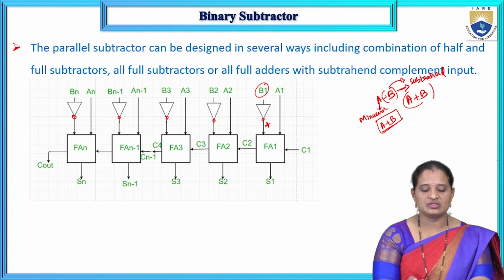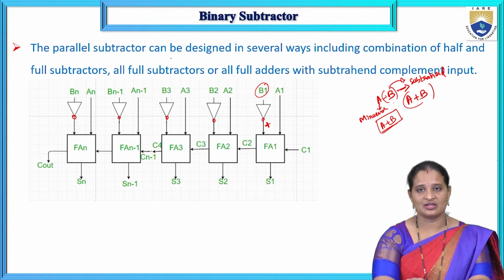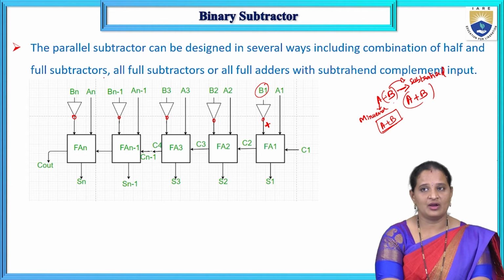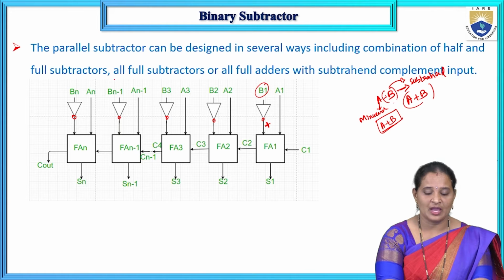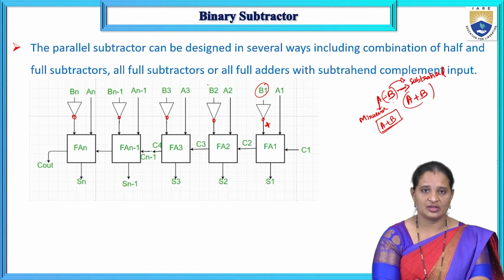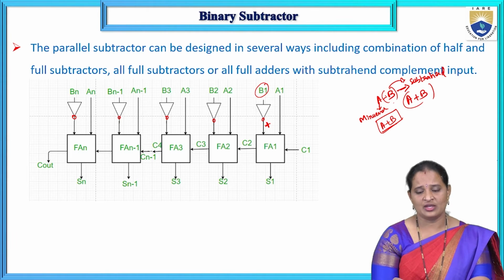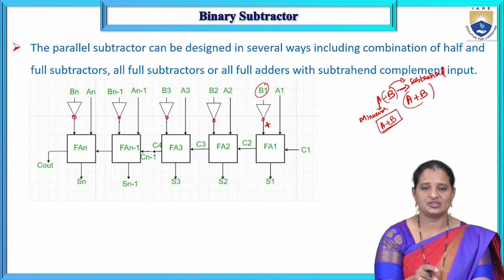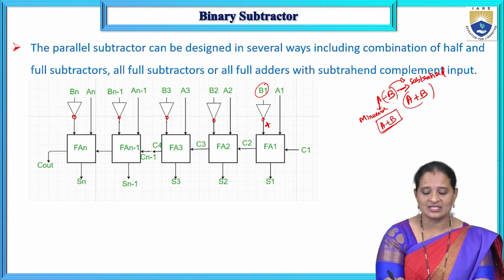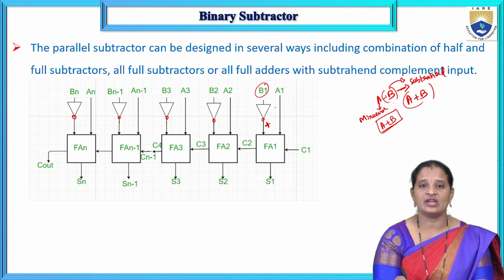So I wanted to say the parallel subtractor can be designed in several ways, including the combination of half adder and half subtractor and full subtractor, and all subtractors also you can use. But in order to reduce the number of circuits required, I can even perform the subtraction using the adder. Only the thing is subtracting by complementing the subtrahend, and the complementation of the subtrahend can be done with the help of an inverter or else a NOT gate.